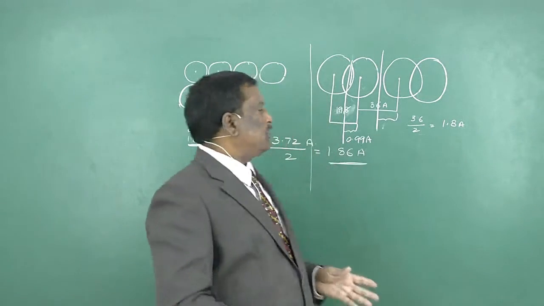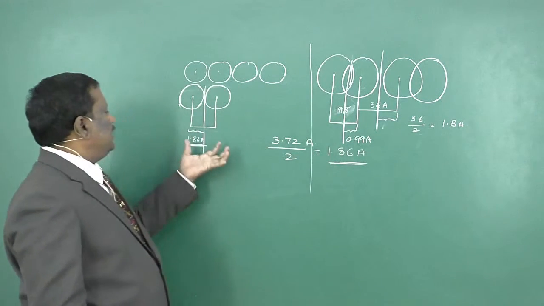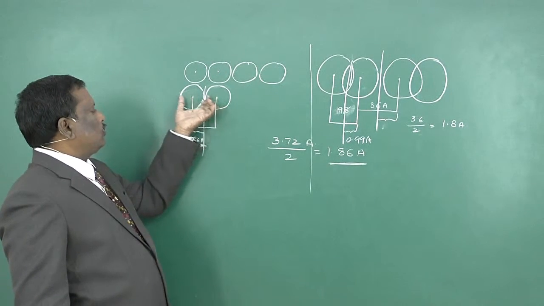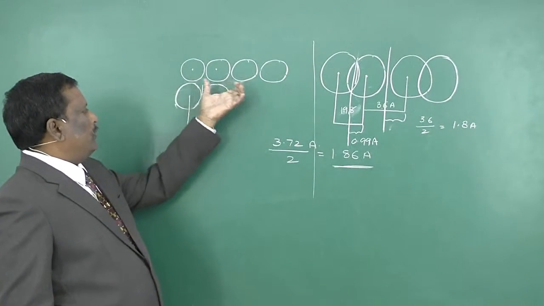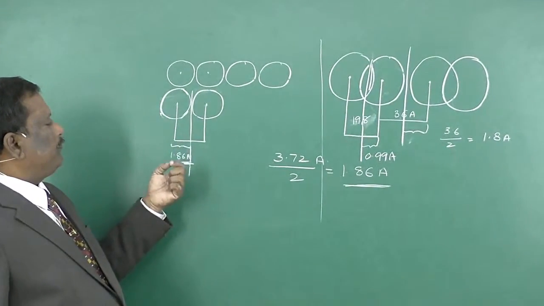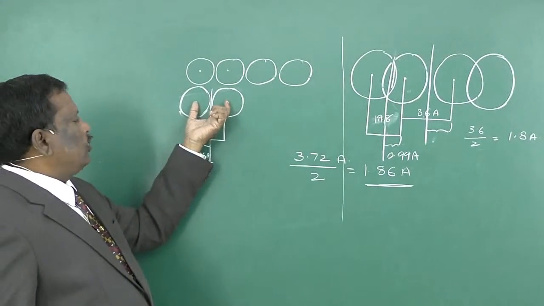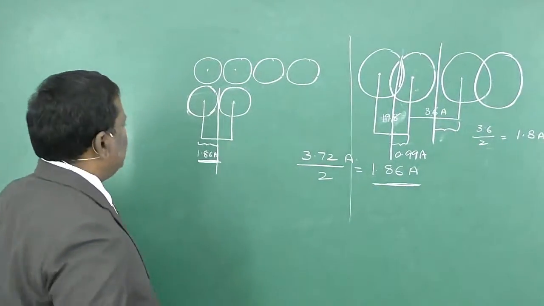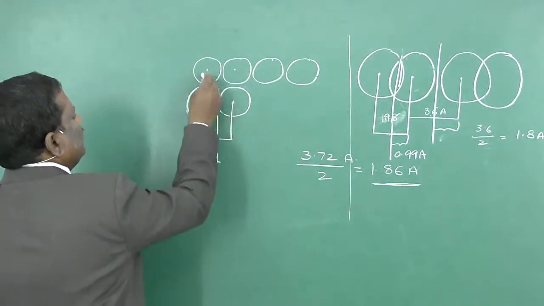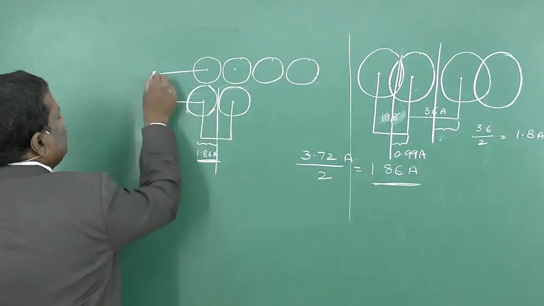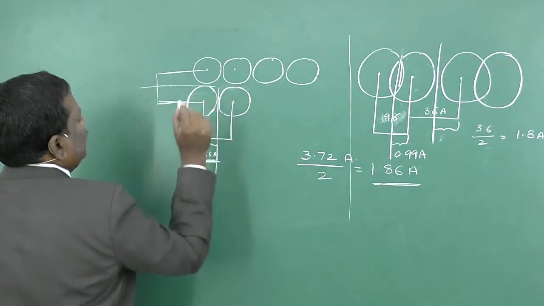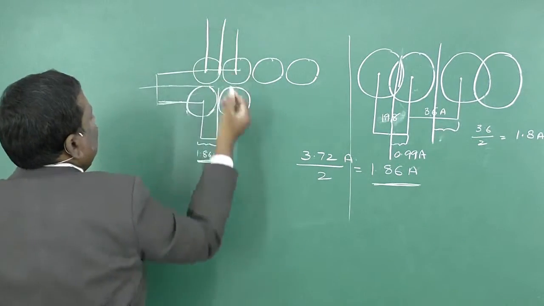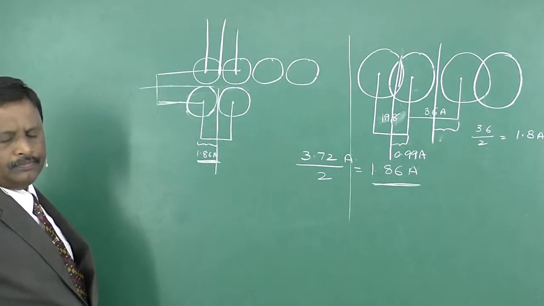For example, if you take sodium metal, so many sodium atoms are present here. Take the distance between the nuclei of two adjacent sodium atoms. Half of the internuclear distance between these two nuclei, or between any other adjacent pair, can be considered.